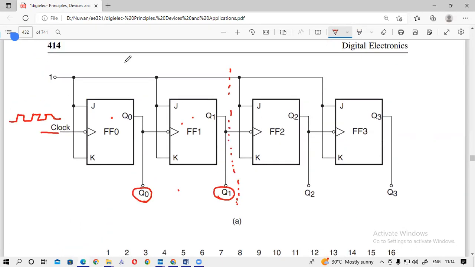It is very simple, no? It is not much difficult. So you know that these are negative edge triggered flip-flops. So you have the function table of the flip-flops.